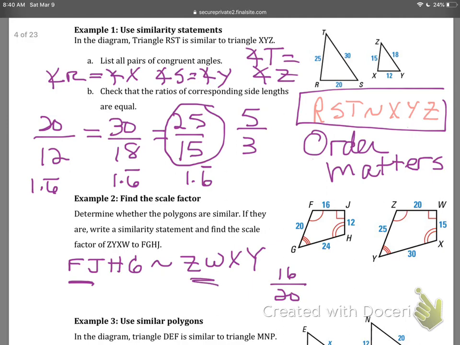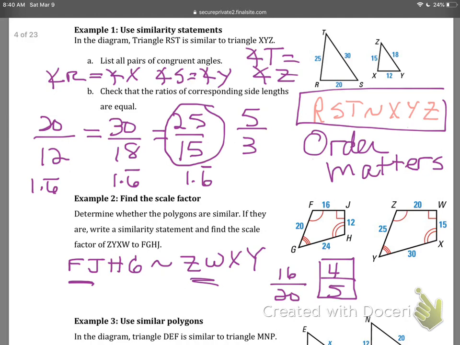Okay, 16/20. 4 goes into the numerator 4 times. 4 goes into the denominator 5 times. 4/5 is our scale factor. So, the nice thing about scale factors, I know right away that my sides are in that proportion, 4 to 5, and also my perimeter is in that proportion. So if I would add up all the sides from the first shape and add up all the sides from the second shape, that will be in proportion of 4 to 5.